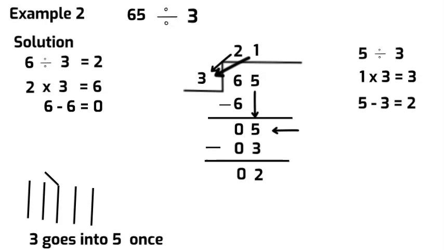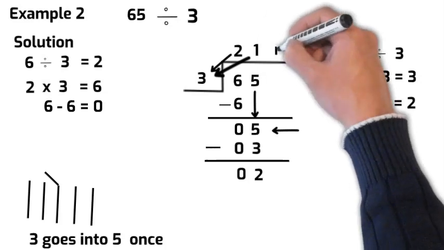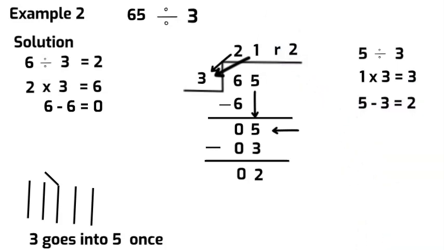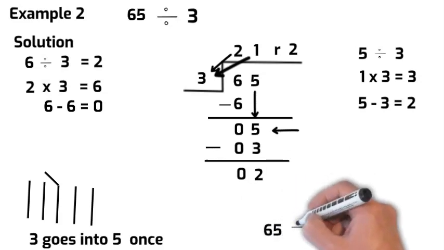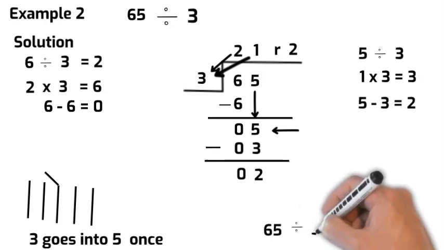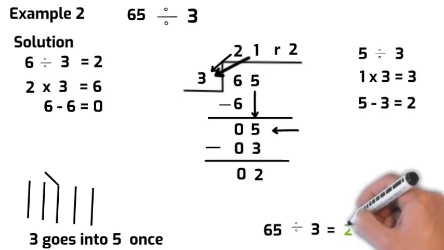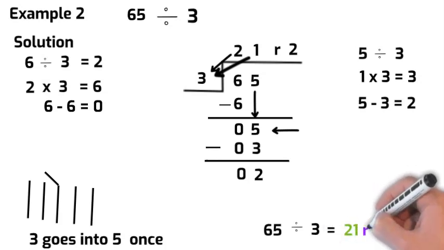So, what do we do next? We still have 02 left. This means we have a remainder. So we go up and say R2. Therefore, our quotient is 21 remainder 2. 65 divided by 3 gives us 21 remainder 2.